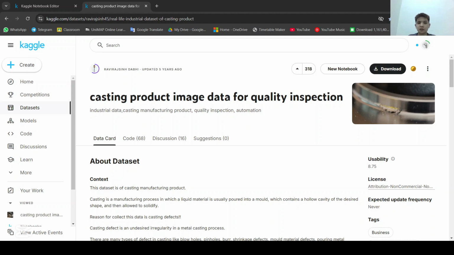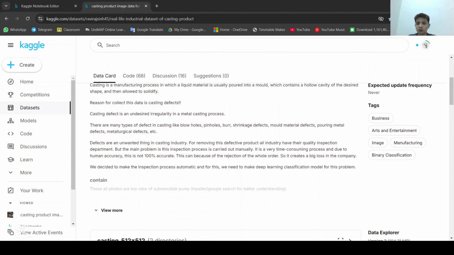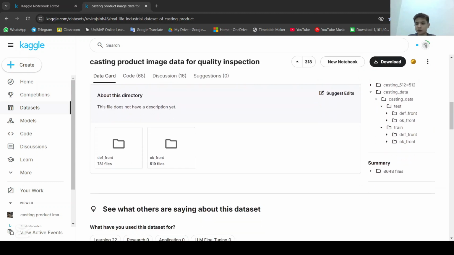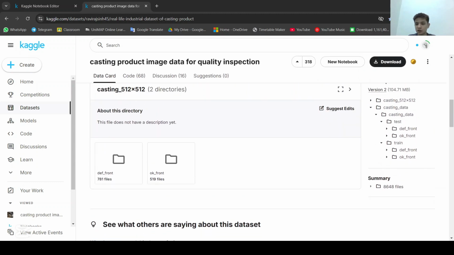The dataset I found is from Kaggle. We can see that the dataset can be categorized into two categories, non-defective, which means okay, and defective. The dataset is well split into training set and test set.